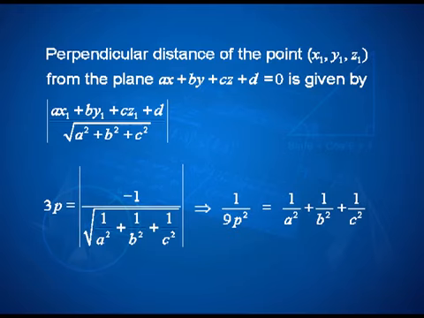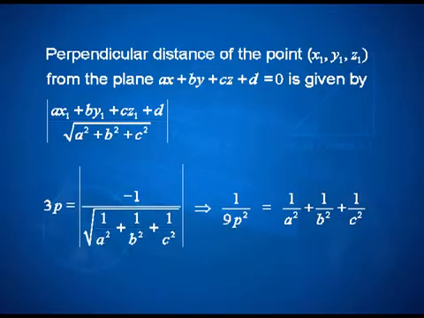Using this result and following the condition given that origin is at a distance 3p, so (0, 0, 0) is at a distance 3p from the plane x by a plus y by b plus z by c equal to 1, and therefore, 3p must be equal to the absolute value of minus 1 by under root of 1 by a square plus 1 by b square plus 1 by c square.